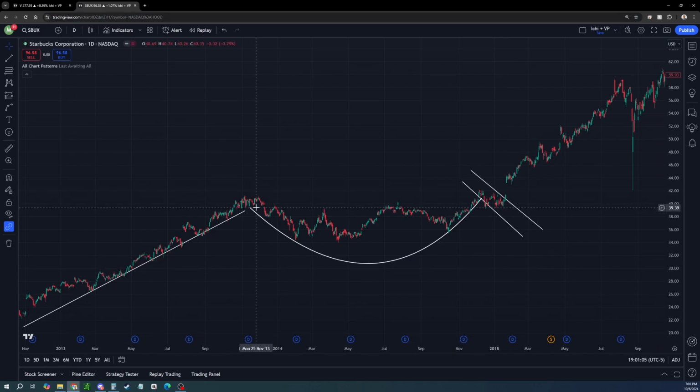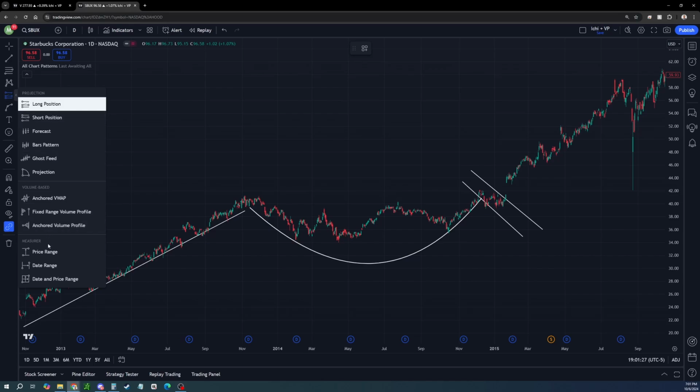You got an upward trend, consolidation, and then it reaches the neckline again, consolidates, downward trend, and breakout. As you can see here, this one had a significantly large breakout, which is a great sign of an uptrend.